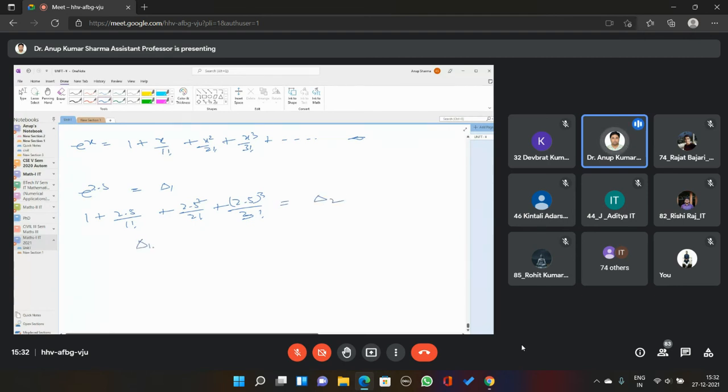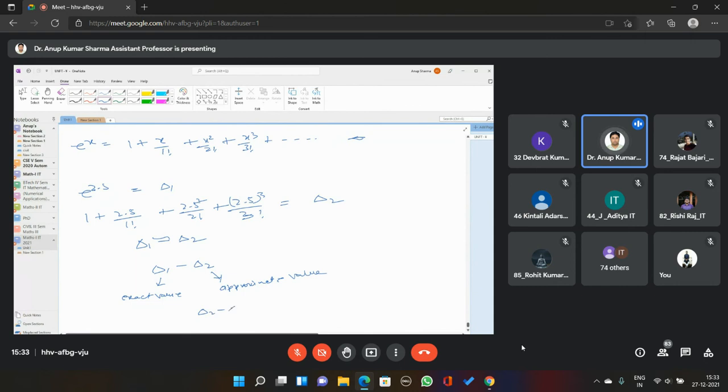So delta 1 is approximately equal to delta 2. That means for a given value, the exponential for x equal to 2.5 is approximated by these polynomials. When you subtract delta 1 minus delta 2, this is the exact value and this is the approximate value.